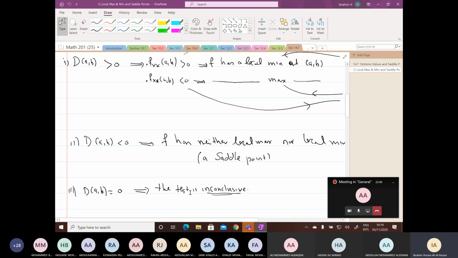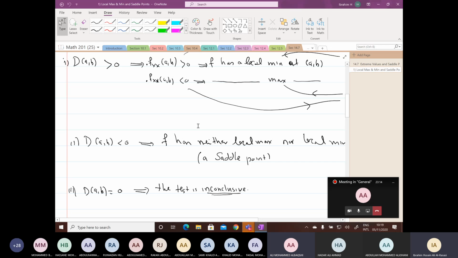The other methods, maybe you go to the graph itself. If you can graph it, for example, you can see whether it is local maximum or local minimum. If the test is inconclusive, then we check the graph if possible. But the test is in front of you, just apply it as it is, just checking signs only.